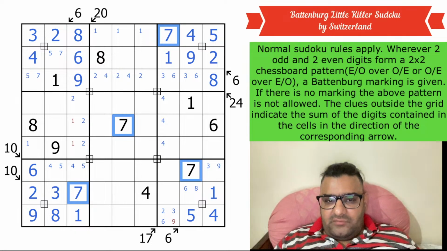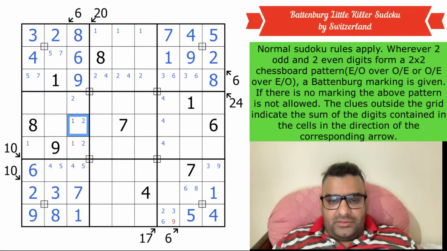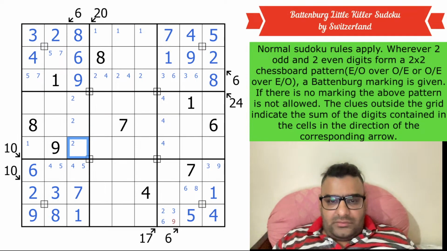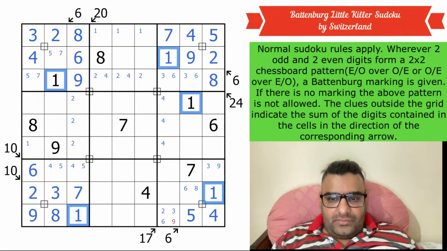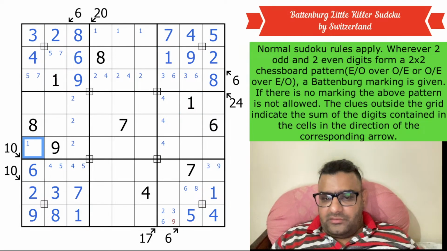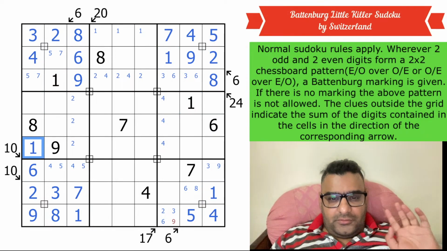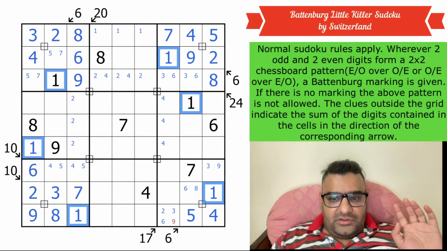Okay. I have seen that this is 1 and this is 1. So we already know 1 cannot be here. So the only place left for 1 is here. These three ones and these three ones are done.